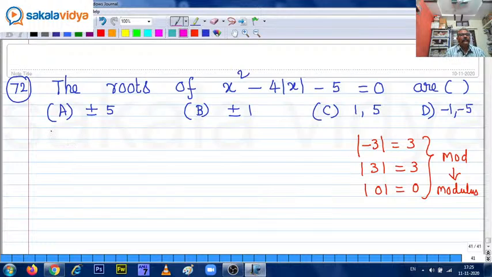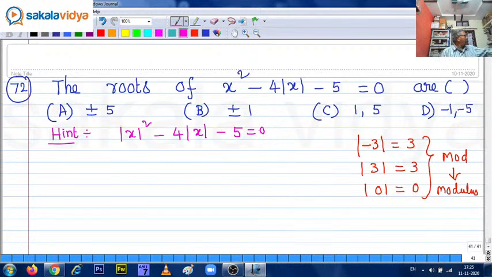Okay, let us solve it now. Hint: this we can write as mod x whole square minus 4 mod x minus 5 equals to 0. Mod x square, this can be written as minus 5 mod x plus mod x minus 5 equals to 0.